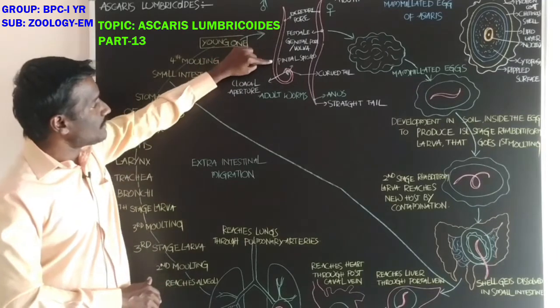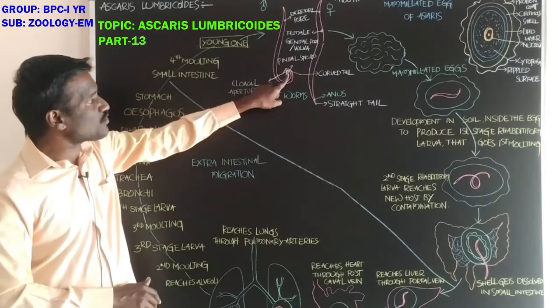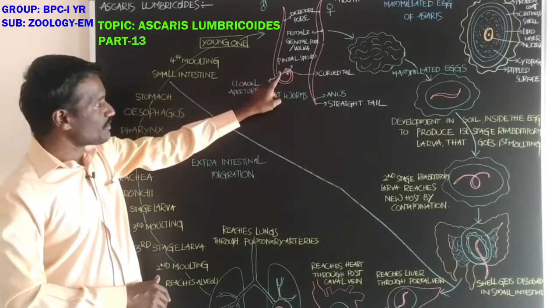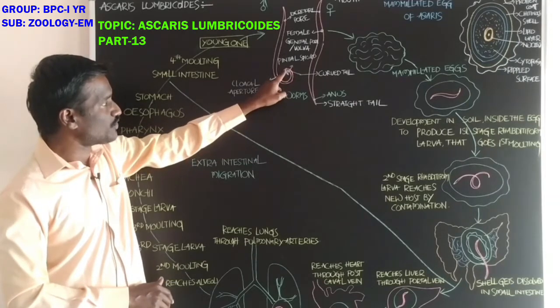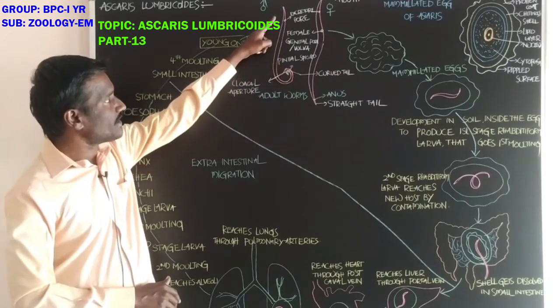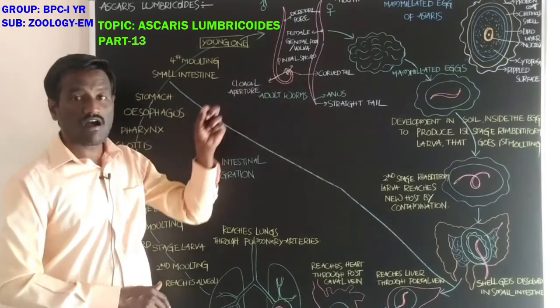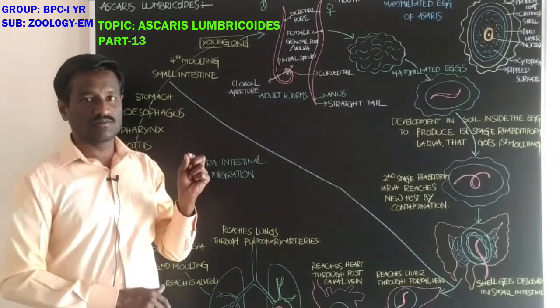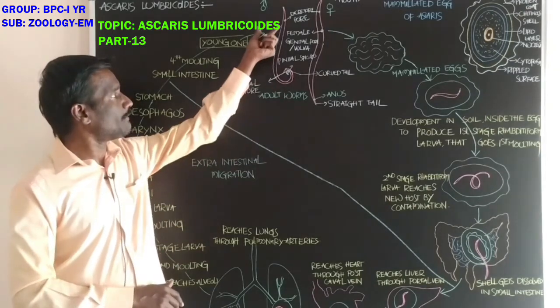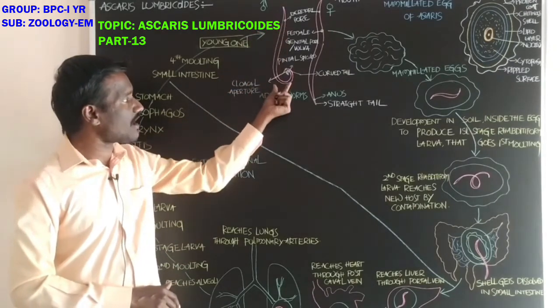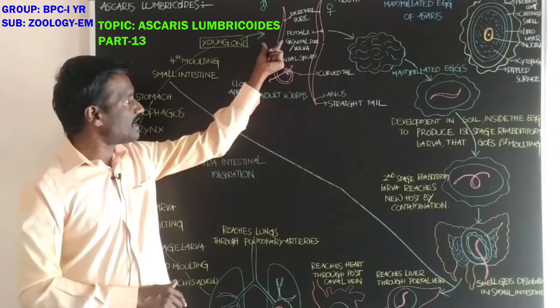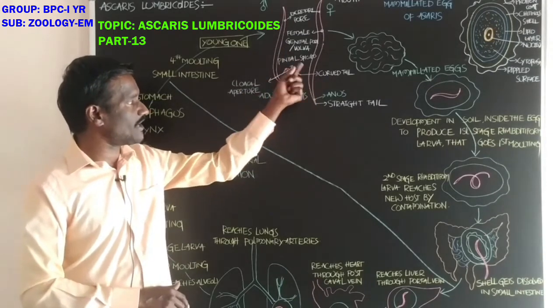Next, students, the male worm has a curved posterior end. Female worms are cylindrical, and the male worm is shorter than the female.